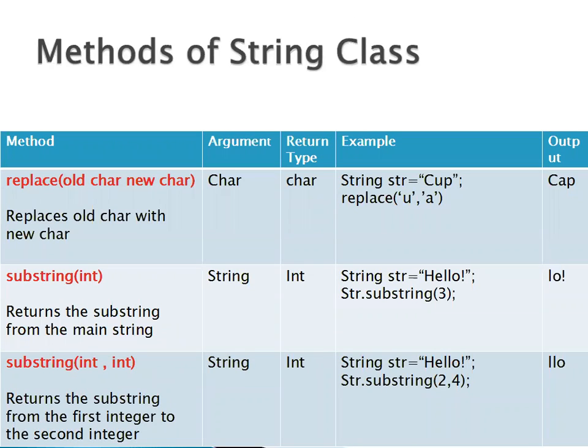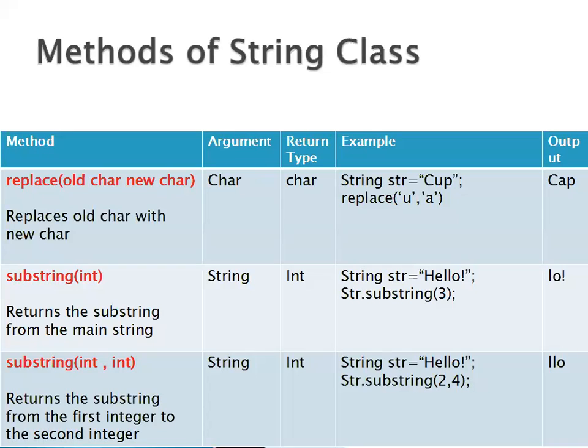See this third example, substring. String str equals hello, then str dot substring 2, 4. It means it's going to start with index position 2, and till the 4th, excluding 4.